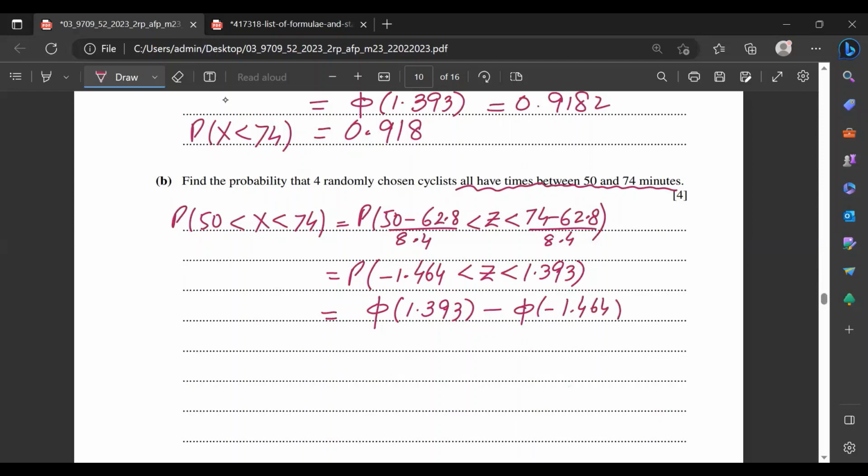The important result we use here is that whenever there's a negative value, phi of minus a is written as 1 minus phi of a.